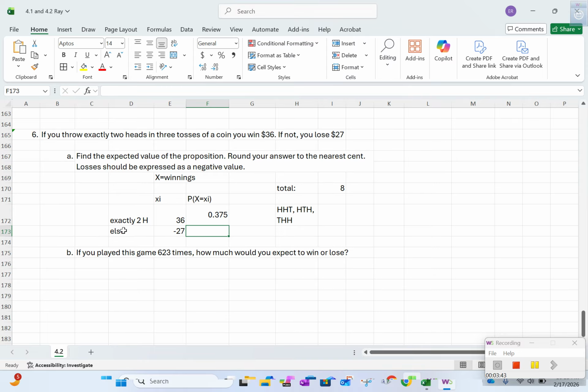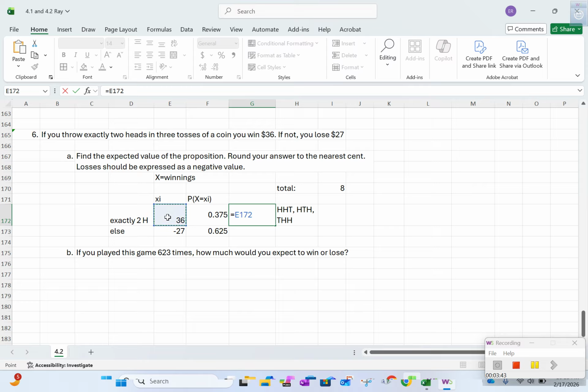And I wrote else because these are, remember, complements by definition if there are only 2, because the probability distribution has to add up to 1. So I can do 1 minus to get that other one. From there, we can find the expected value: first times second, drag it down and sum.